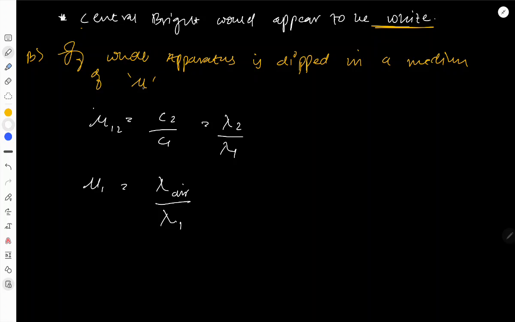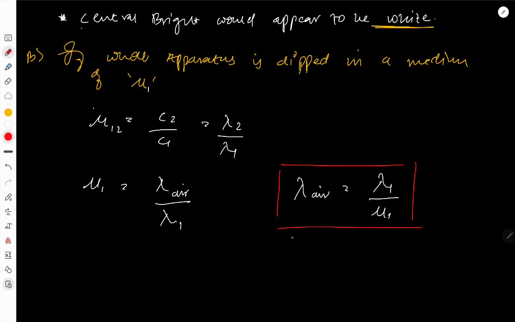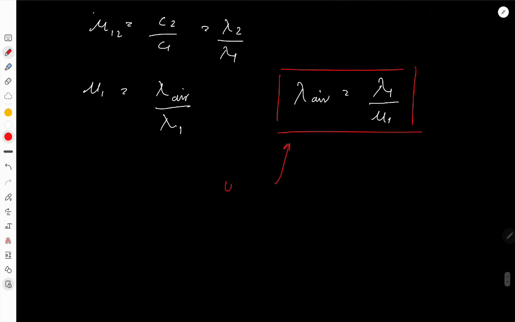So let us take this as 1. Lambda in air becomes lambda 1 upon mu 1. And this is it. We replace this everywhere, and that's it. We get all our formulas back, may that be any.